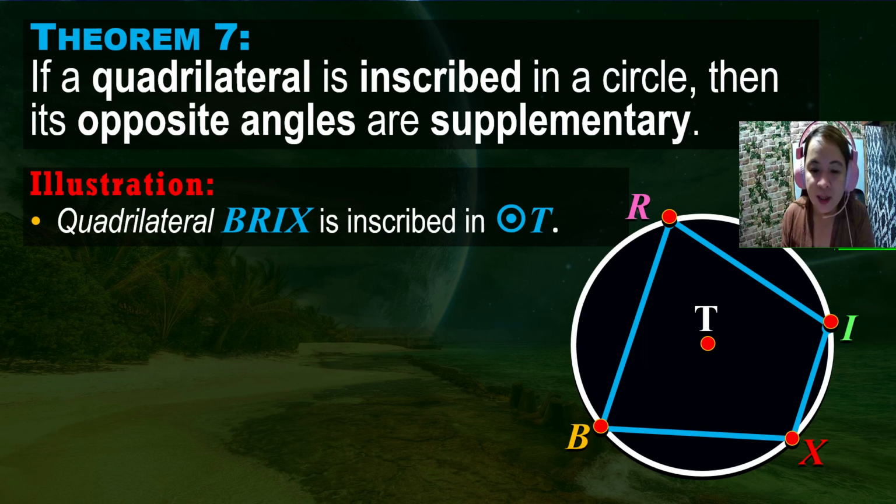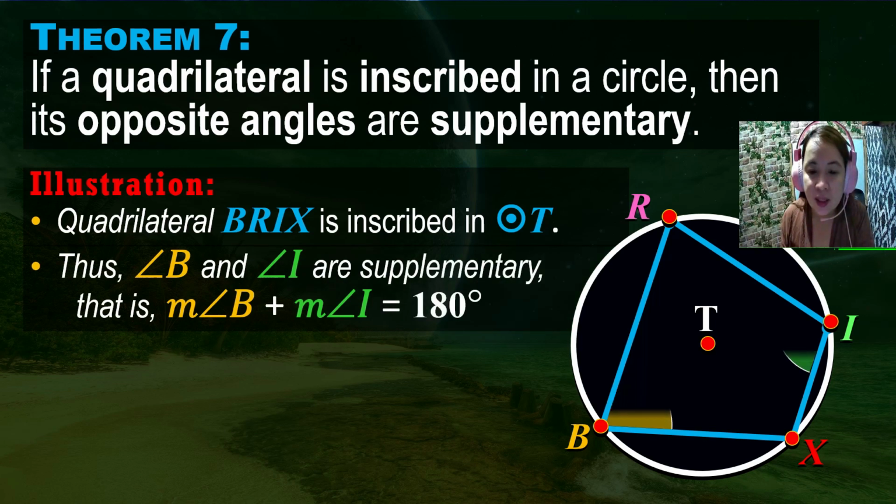So, katulad ng halimbawa natin dyan, yung illustration natin, yung circle T, meron siyang quadrilateral. So, ang quadrilateral niya ay yung quadrilateral BRIX. So, yung BRIX is inscribed in circle T. So, yung angle B and angle I, they are supplementary.